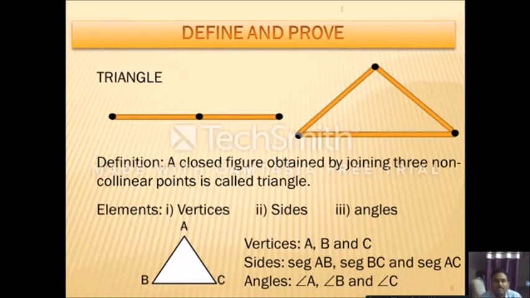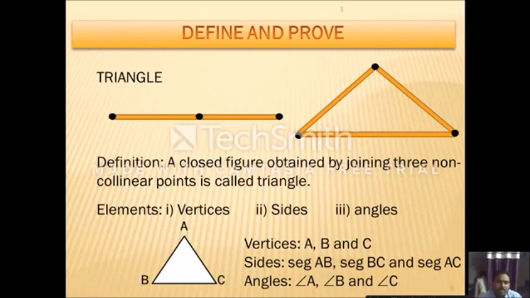But if these 3 distinct points are non-collinear and we join them to each other by segments, then we get a figure and that will be a triangle. Therefore, we can define this triangle as follows. A closed figure obtained by joining 3 non-collinear points is called a triangle.